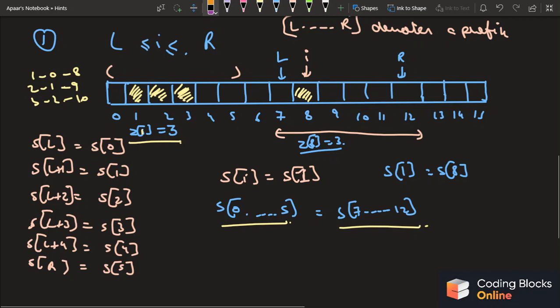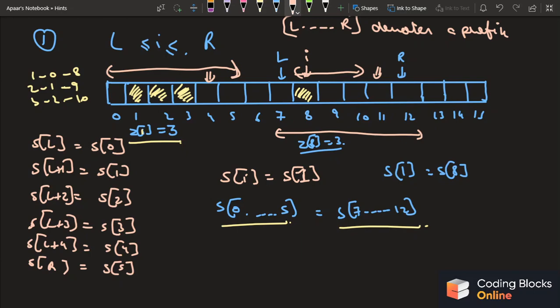So this is the first case. If z1 is 3, what does this mean? That I have a 3 length substring that matched. So of course only a 3 length substring will match from 8 to 10. Why won't 11 match? If 11 had matched, then a 4 length would have also matched in z of 1, right?